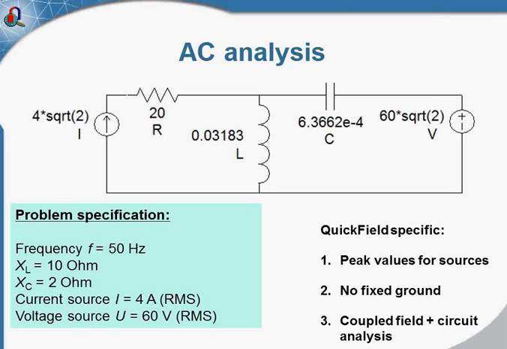And the third specific is that you can solve only coupled field and circuit problems. And the field problem should be of AC or transient magnetic type. So we need to create a fictitious AC magnetic problem with one block in geometry model, but we should not connect this block to electric circuit. So let's start QuickField and create this circuit from the beginning.